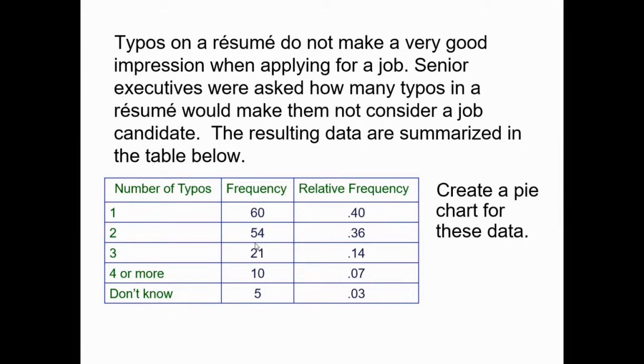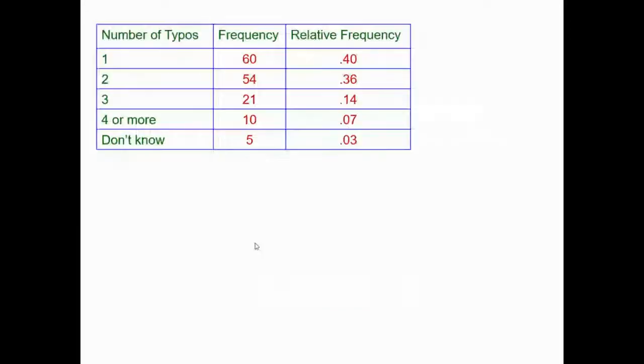So what they want us to do is create a pie chart to show the data and how frequently resumes get thrown out for typos. So what's the first thing we need to do when we do a pie chart?